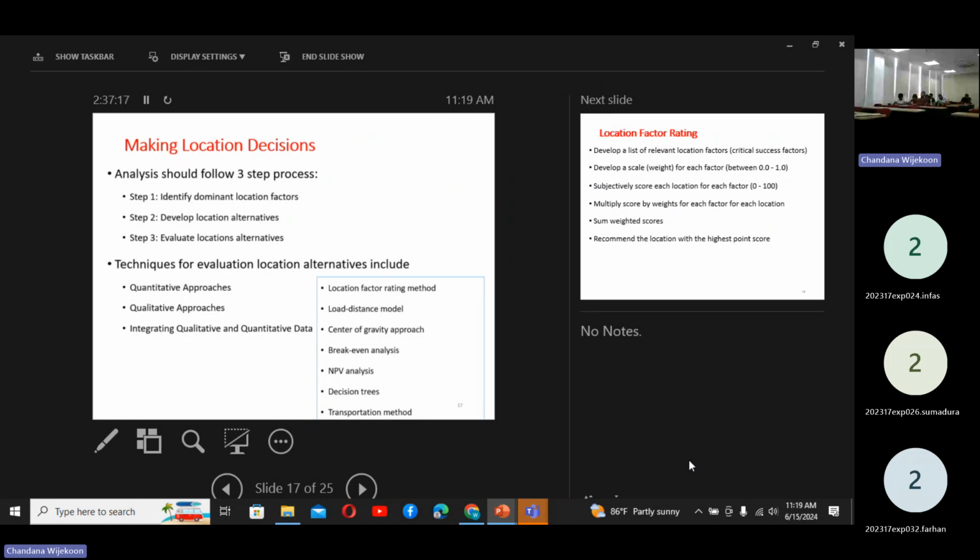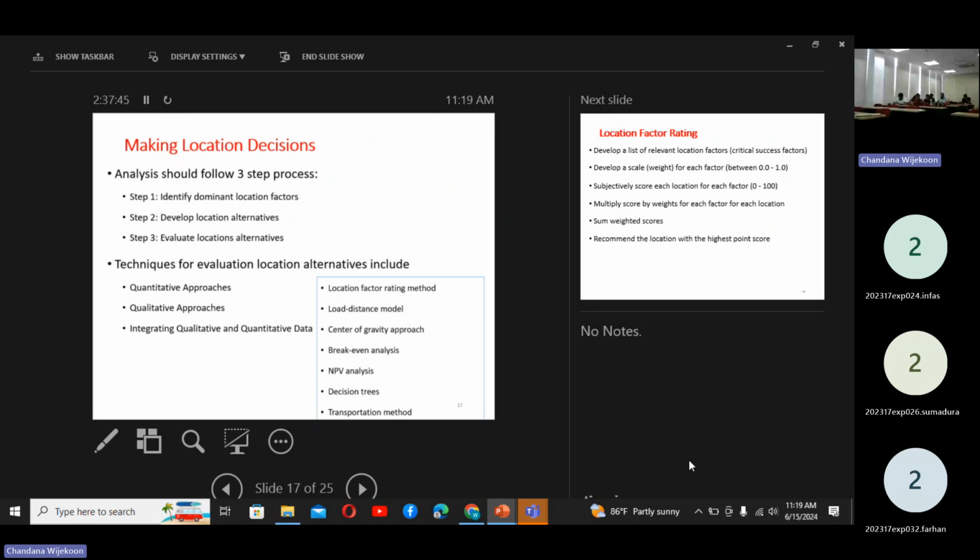So what are the other factors? Population density of the area. That means we call it the customer drawing area. So within that area, maybe within 1 or 2 square kilometers, what is the population size?